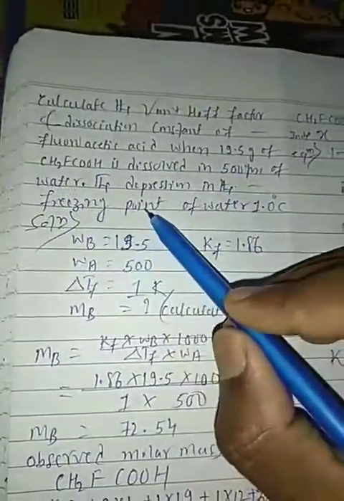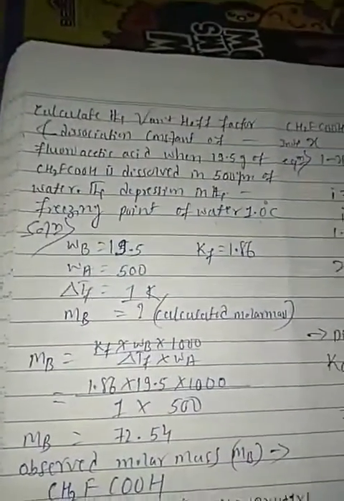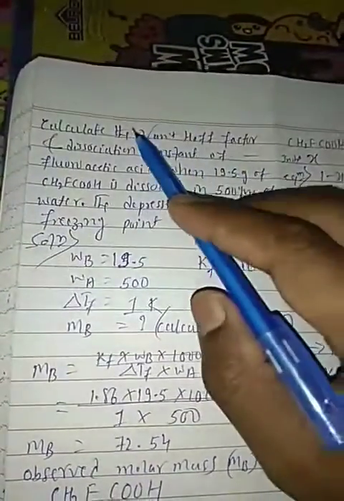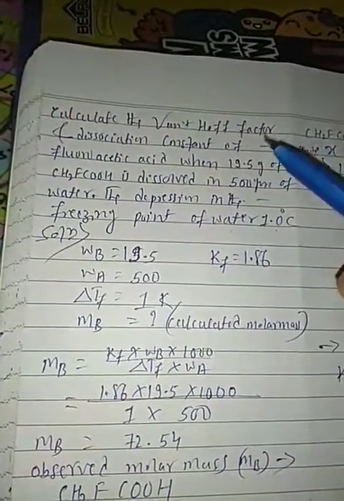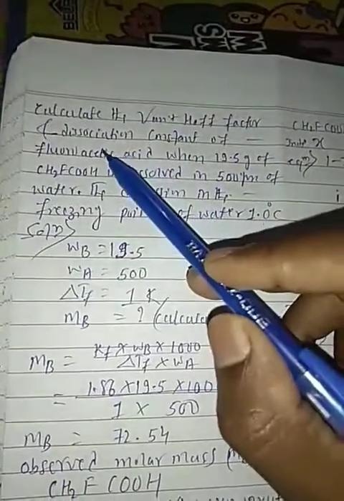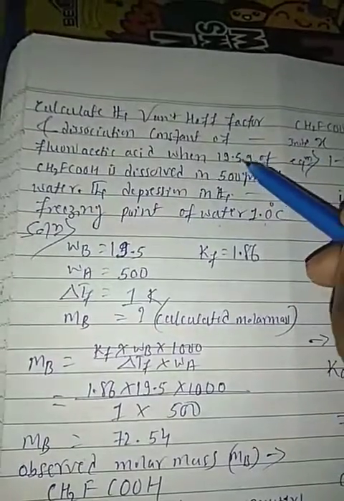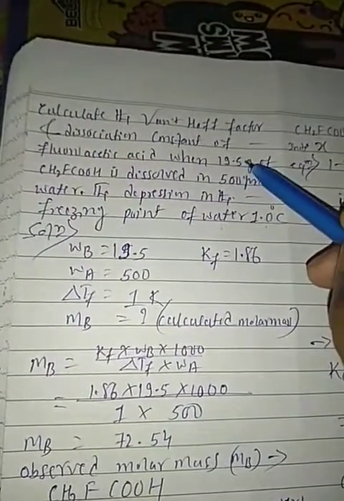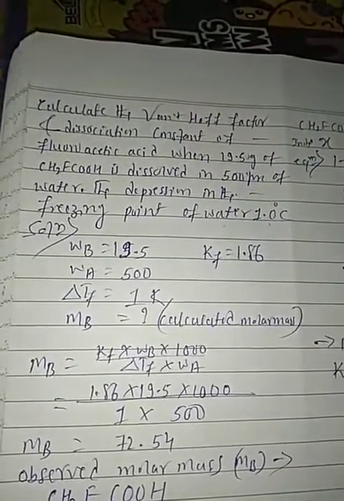The depression in the freezing point of water is 1 degree Celsius. Okay, students, we have to calculate the Van't Hoff factor and dissociation constant. Here fluoroacetic acid, 19.5 gram, is the solute mass, dissolved in 500 gram of water.